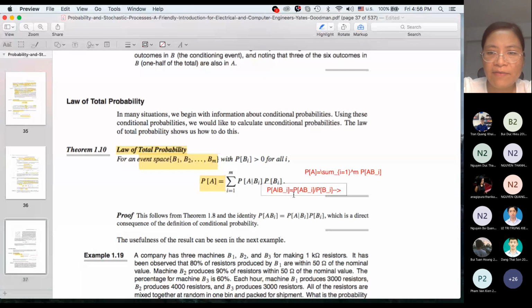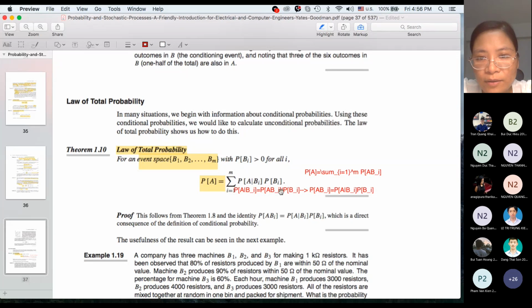From this, we have probability of A and Bi equals probability of A given Bi times probability of Bi, because A and Bi is divided by probability of Bi.